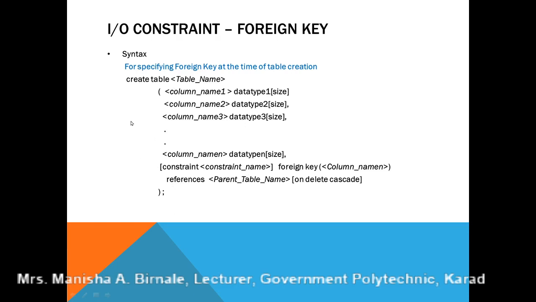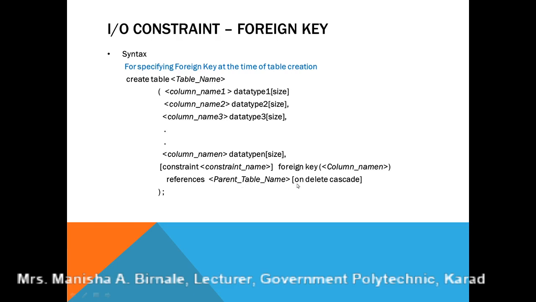And this is a syntax for creating the child table which will be having foreign key. So here you have to write constraint name, foreign key, in round bracket specify the column name from child table which will work as a foreign key. Then references. After that you have to write the parent table name to which this child table will refer.